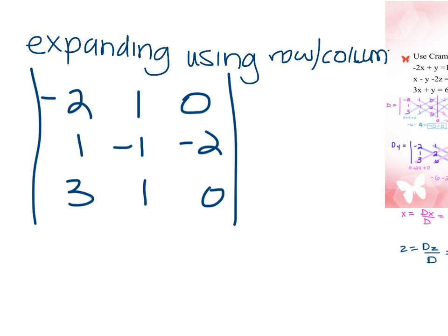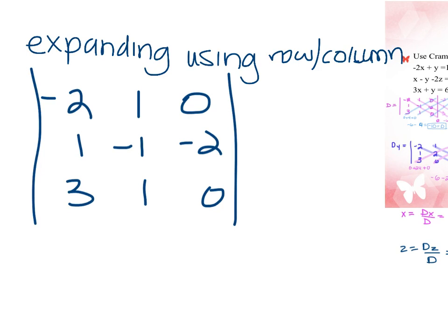So basically what you're doing is combining your minors and cofactors with the expansion of one of the rows or one of the columns to find the determinant. You can choose which one you pick, whether it be a row or a column, okay? But you're going to pick one.